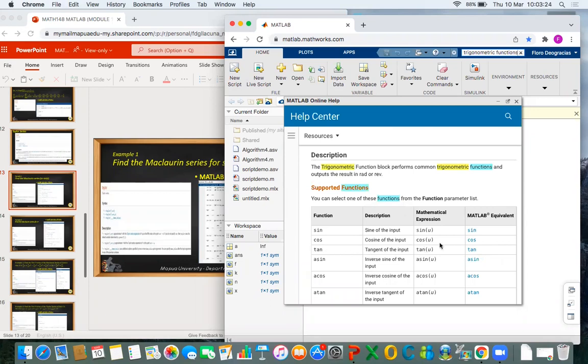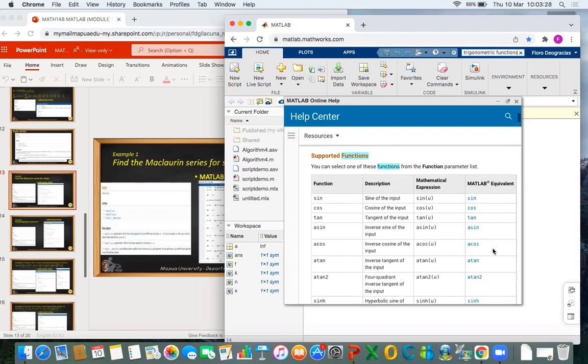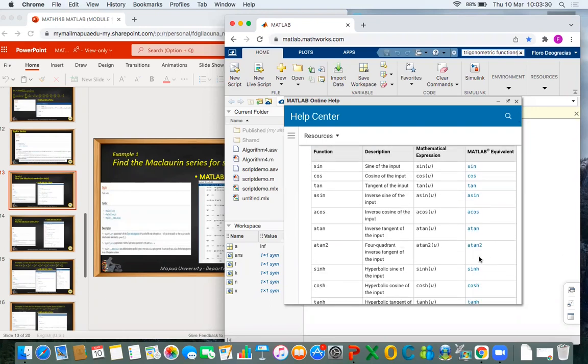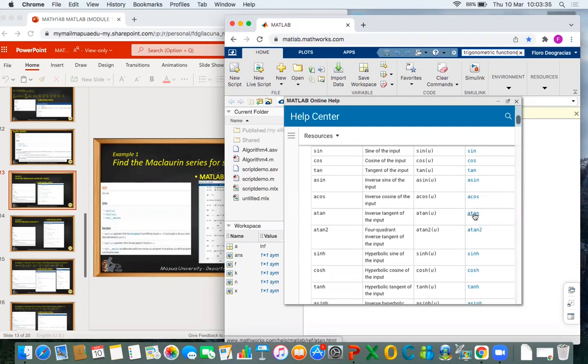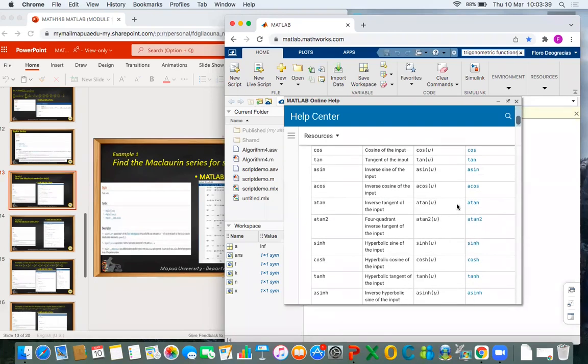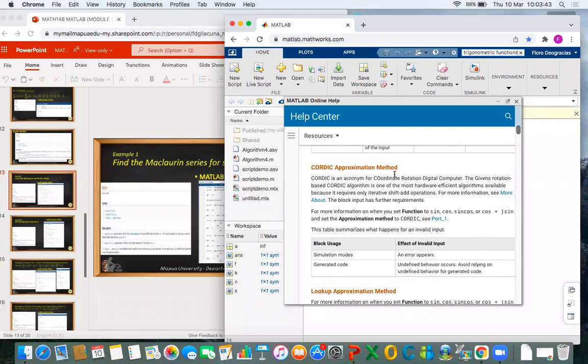These are the mathematical expressions, and this is the MATLAB equivalent. So atan for arctangent or inverse tangent, asin for inverse sine.